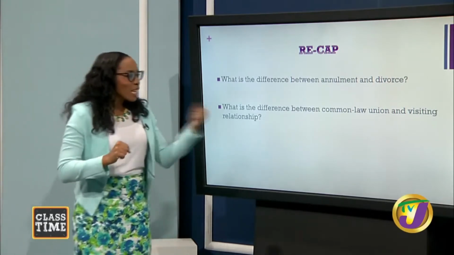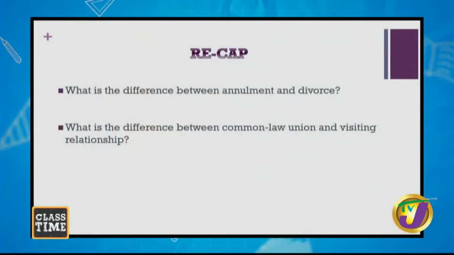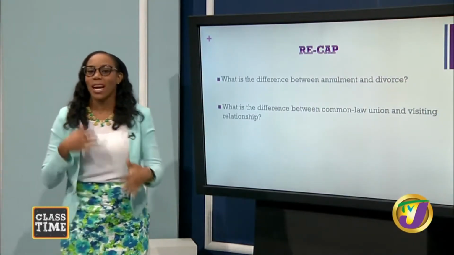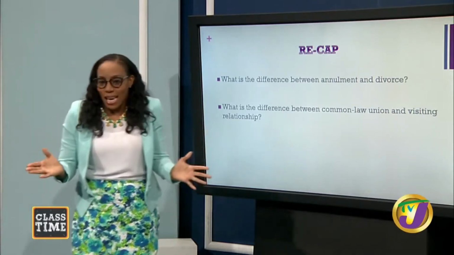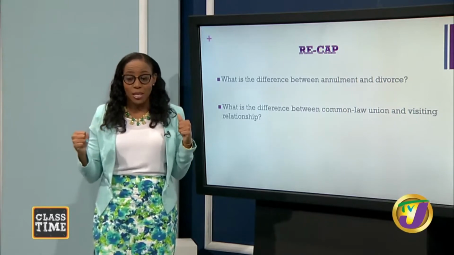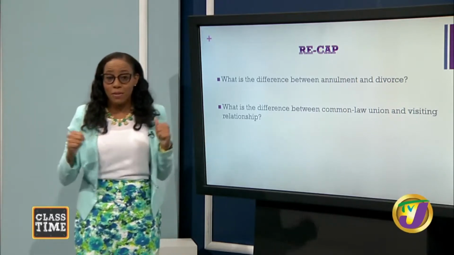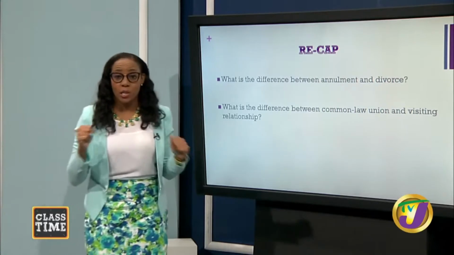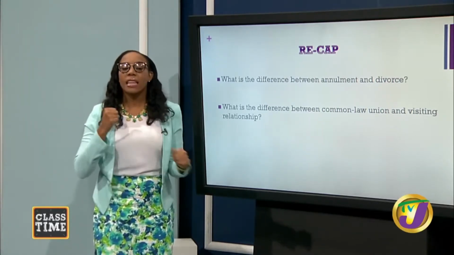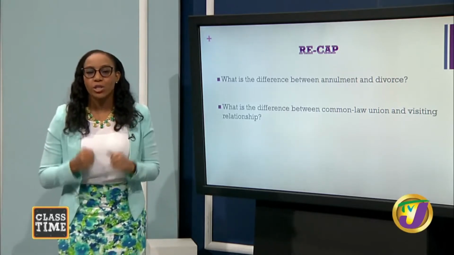The next one: what is the difference between common law union and visiting relationship? In a common law union, you have two consenting adults deciding that they want to live together and engage in sexual relations without being married, and this union may lead to children.